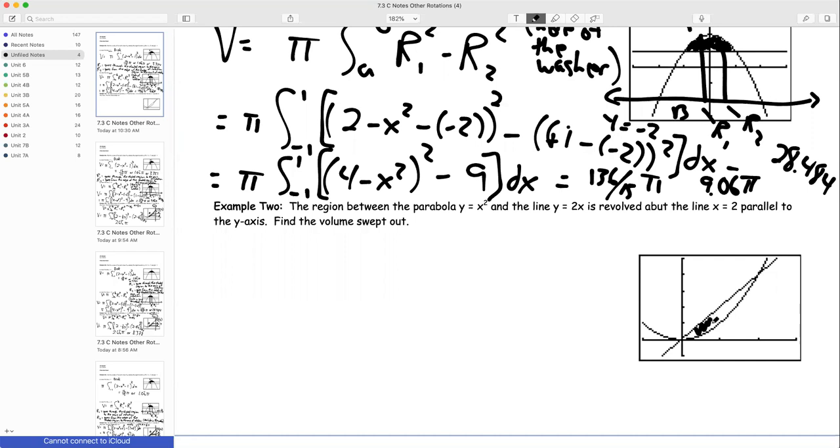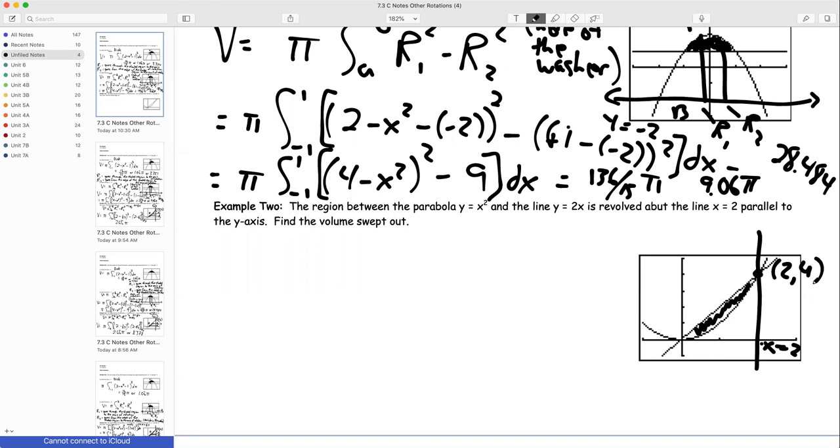So we are talking about the shaded region between these two curves, between the parabola and the linear function. We are looking at the vertical line, x is equal to 2. It's going to intersect here at 2, 4.